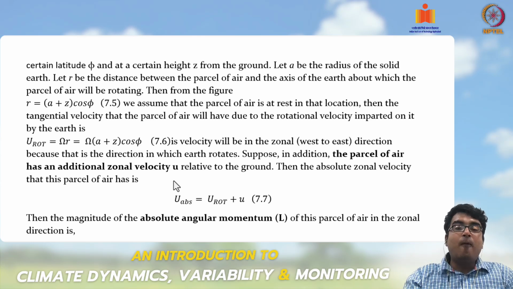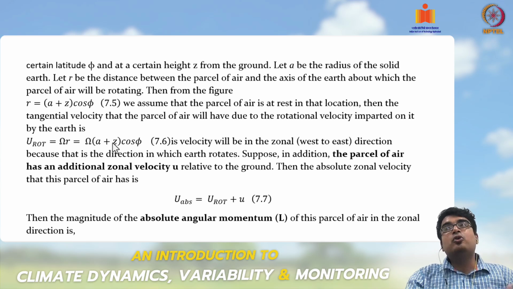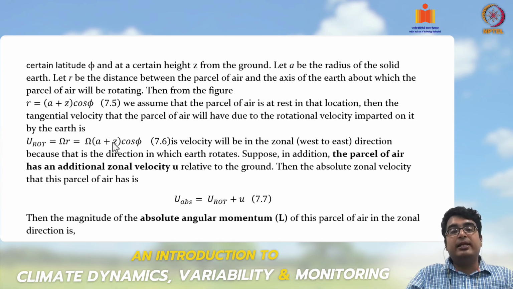And this is omega into (a plus z) cos phi. Remember, a is the radius of the Earth, z is the altitude of this parcel of air with respect to the ground. And this velocity is in the zonal west to east direction, because that is the direction in which the Earth rotates.